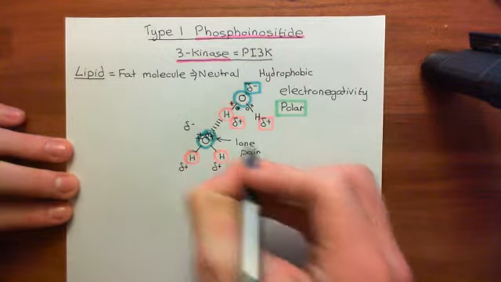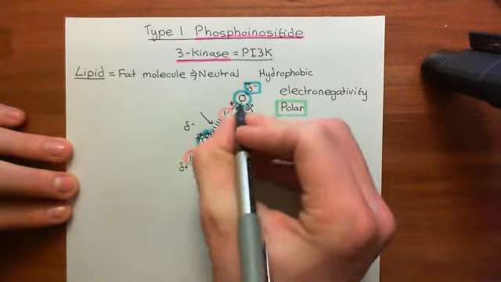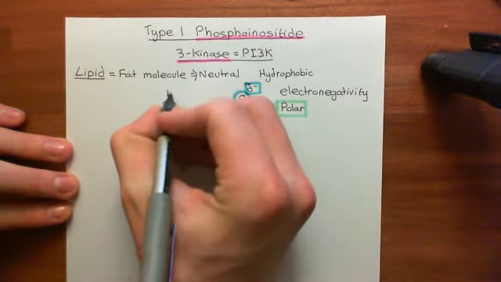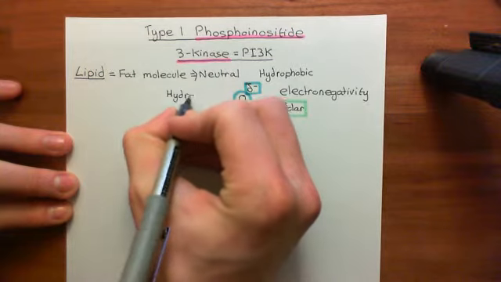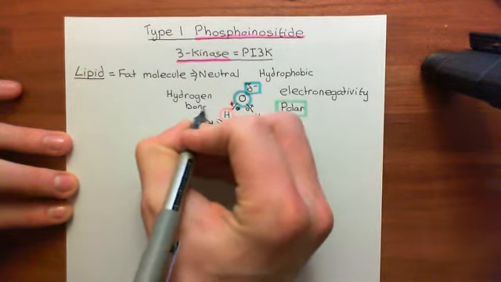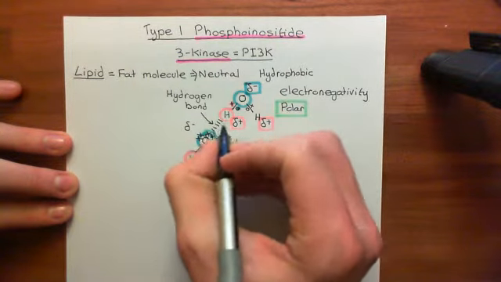And that interaction it forms between the hydrogen of one water molecule and the oxygen of the second water molecule is known as a hydrogen bond. And this is an intermolecular bond, because it's not a bond within a molecule, it's a bond between two molecules.